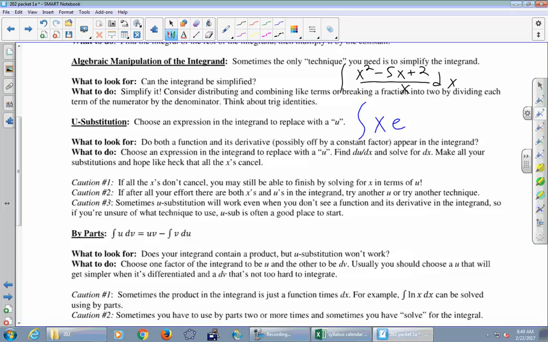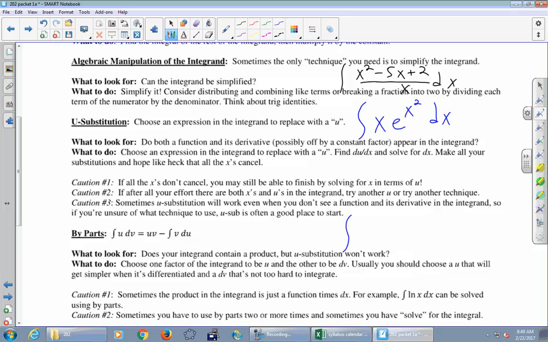If you had x e to the x squared, something in your brain might be screaming, do integration by parts, it's a product. No, that is not the first priority. The first priority by a long shot is u substitution. It is orders of magnitude more common than integration by parts.